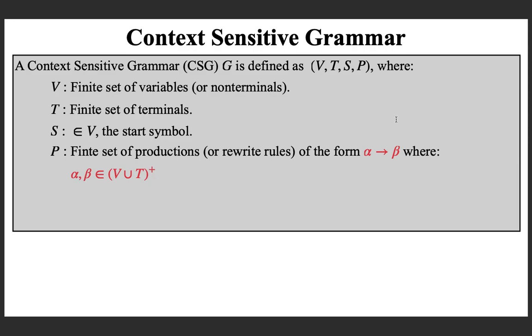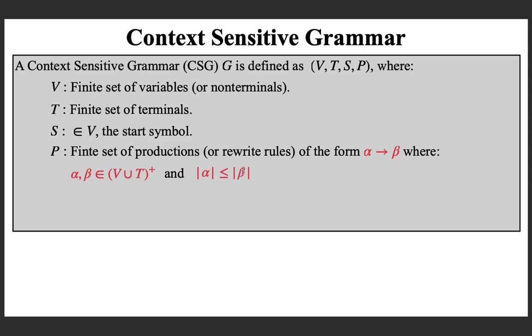Alpha cannot be epsilon, beta cannot be epsilon. See, now the production is more relaxed when compared to the context free grammar. For a context free grammar, the RHS can be even epsilon, and also the LHS is restricted to a variable. And here the LHS and RHS can be any non-empty string of variables and terminals.